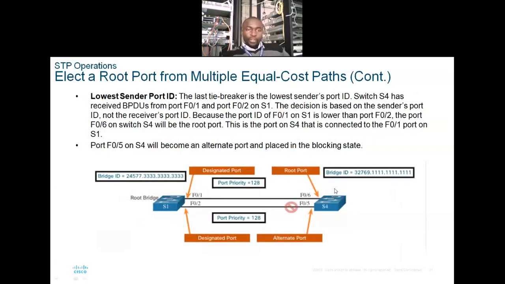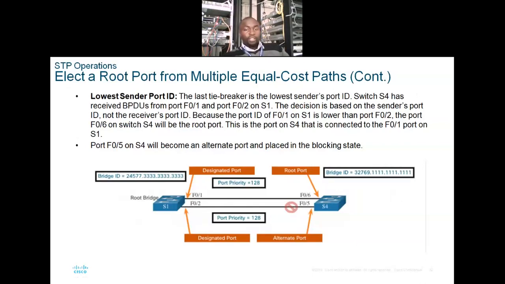So the last tiebreaker is the lowest sender's port ID, which switch 4 has received its BPDU from this guy here, F01. And then it will automatically now use this guy as the alternative, and then it will not block it.